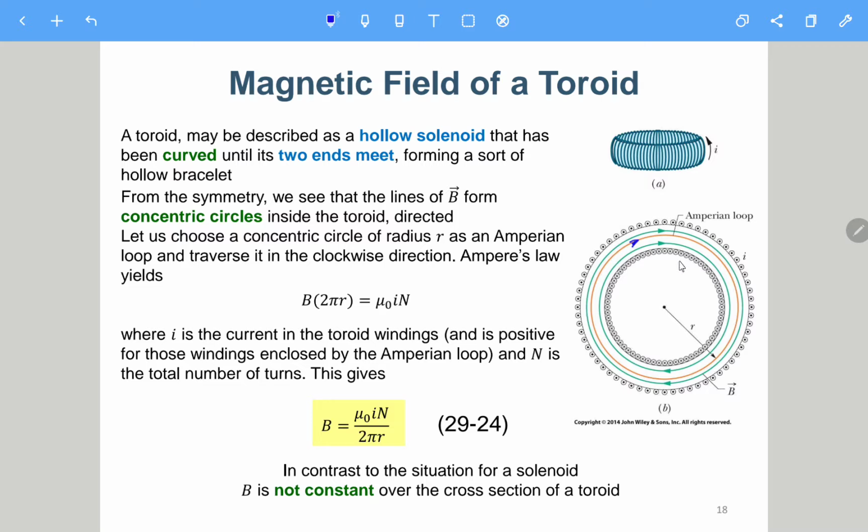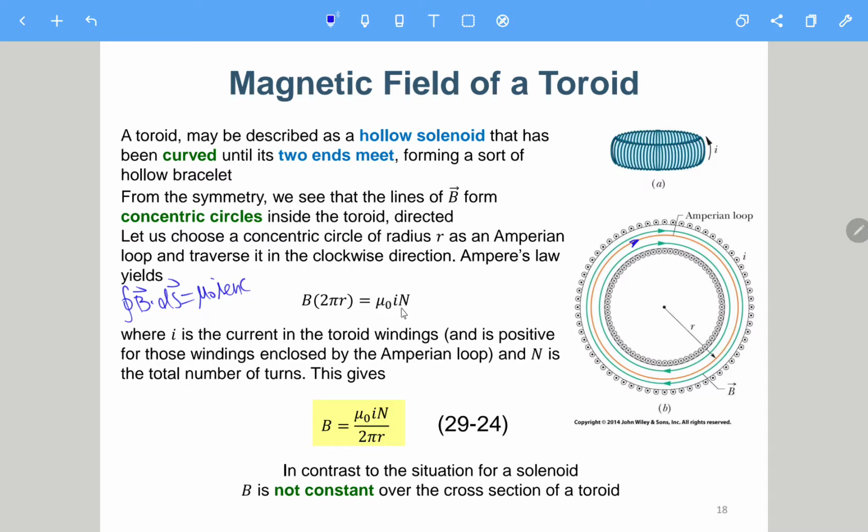It's clockwise. So here we use the Ampere's law. Mu I enclosed. On the left side it is nothing but B times 2 pi r, and on the right side mu 0 I enclosed. I enclosed is the single I multiplied by the total number of turns here, because it includes all the current.